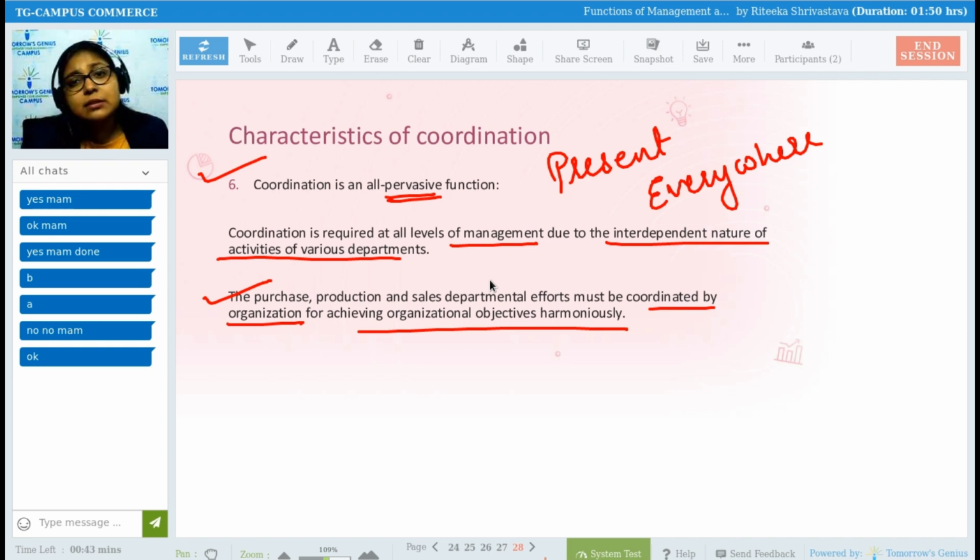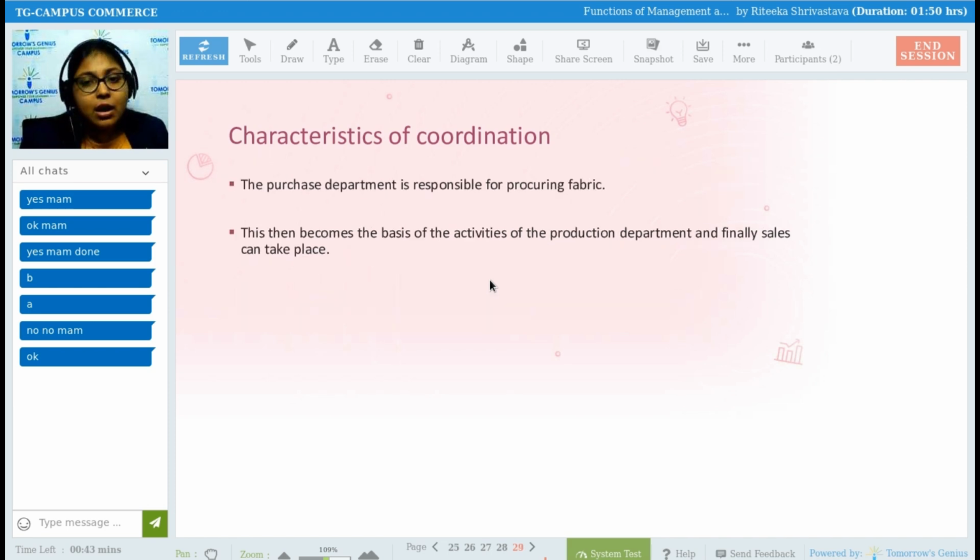Every level of management means top level, middle level, or lower level. Every department means it might be the production department, financial department, marketing department, HR department. Everywhere it is there, and that is why we say coordination is all pervasive.